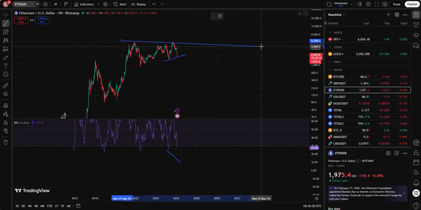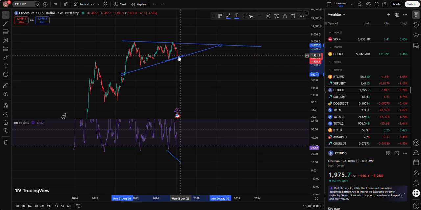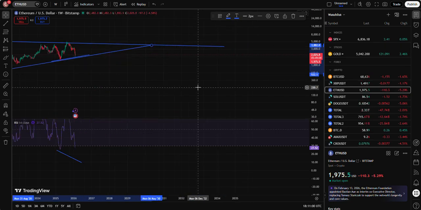It's going like that. Maybe here is a little bit up, but it's looking like down. And here is going like that. So we can see a pullback, another one, and maybe another up. The RSI anyway on weekly is very low. So we need to have a pullback, and after that maybe another low. Let's see. So the Ethereum is as it is.